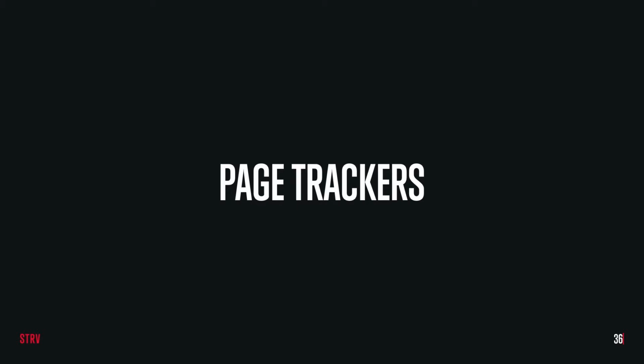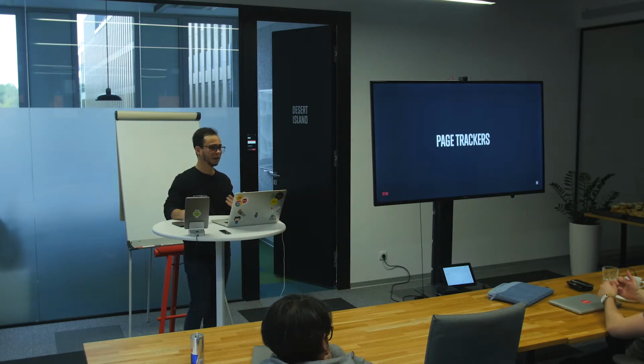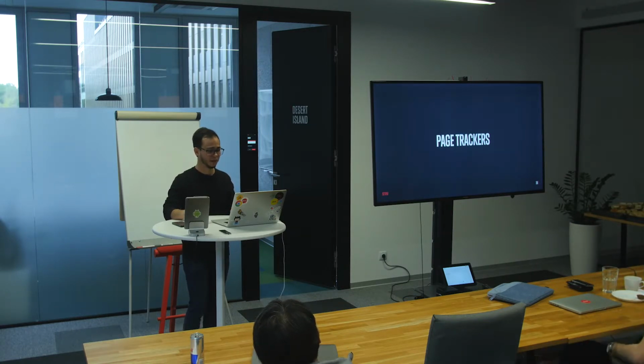Now, another big performance hindrance is the page trackers. Most production-ready websites have at least Google Analytics, but you might have Mixpanel and many others. And most of the time, we are not aware of how these things hurt our performance.